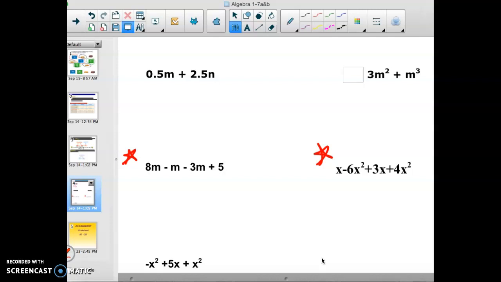Underline the like things, so that's what you're going to find first. Well, I look here, I have 8 M's in this pile. Do I have any other piles that are M's? Yes, I do. This one is a pile of M's, so is this one, and so is this one.